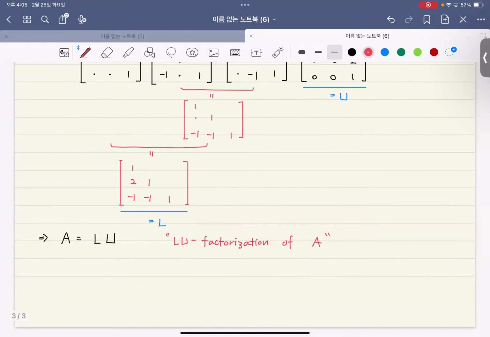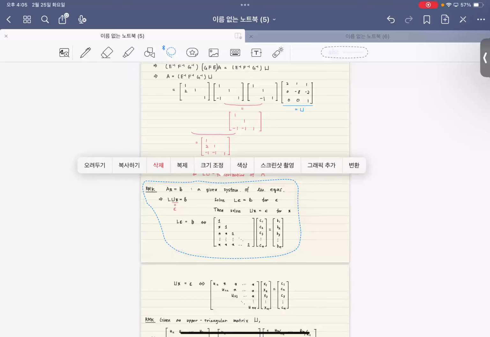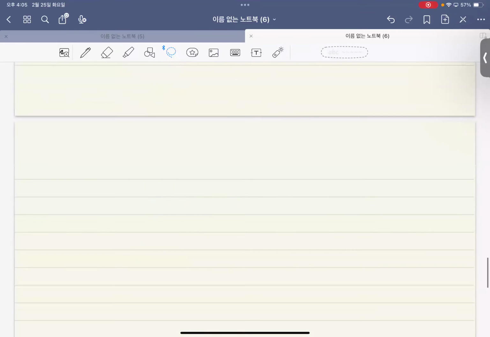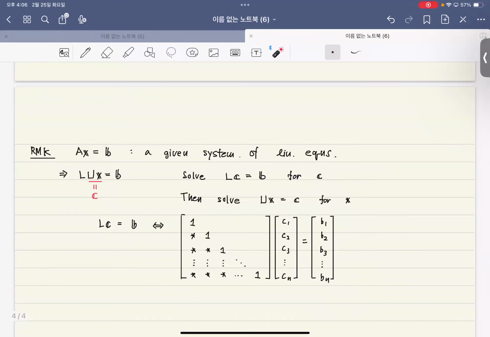So why LU factorization? Why does LU factorization matter? That is because being able to have an LU factorization, you can solve any given system of linear equations. Consider this system of linear equations. This is a system of linear equations that consists of n equations and n unknowns.